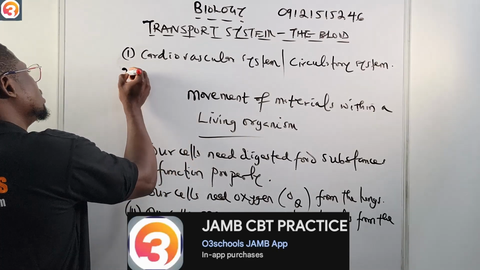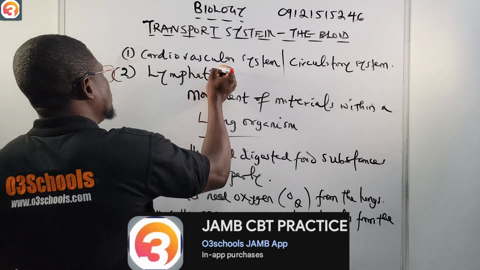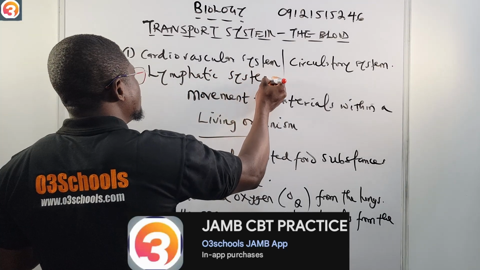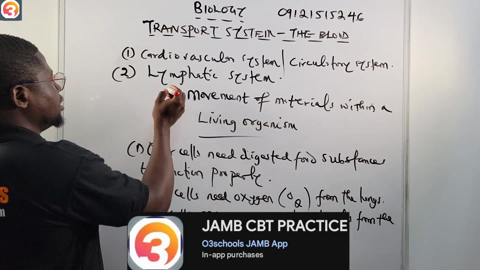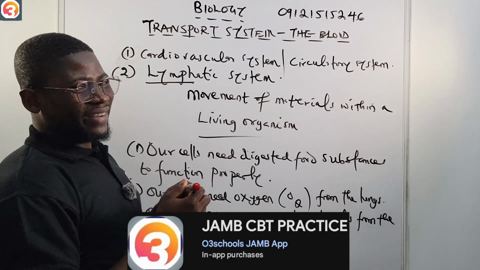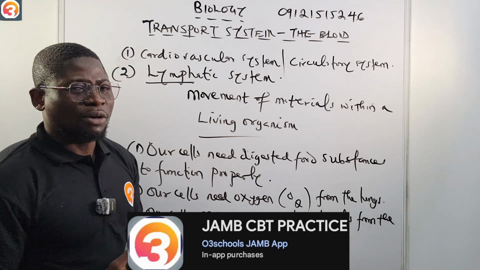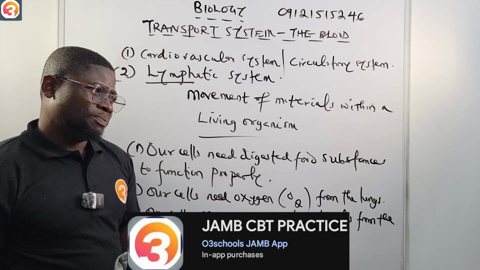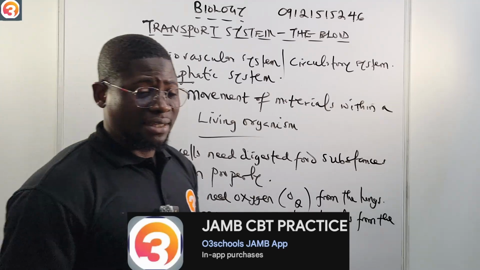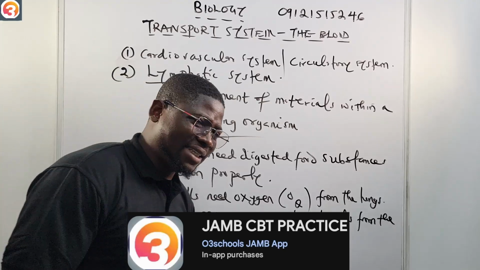Then number two, the second one is the lymphatic system, or the lymph for short, but the lymphatic system in general. With the aid of these two systems, we're able to move materials from one part of our body to the other. That's why you can say that the circulatory system is a system that helps to move materials.